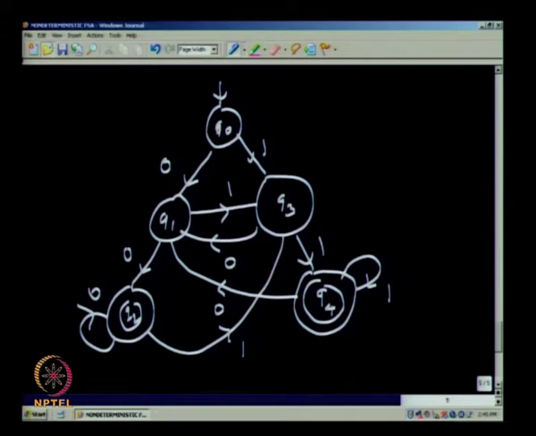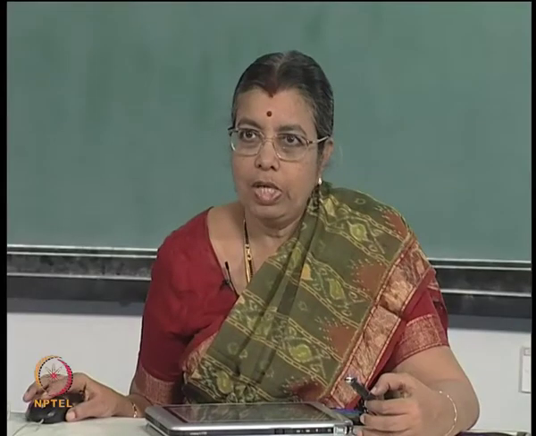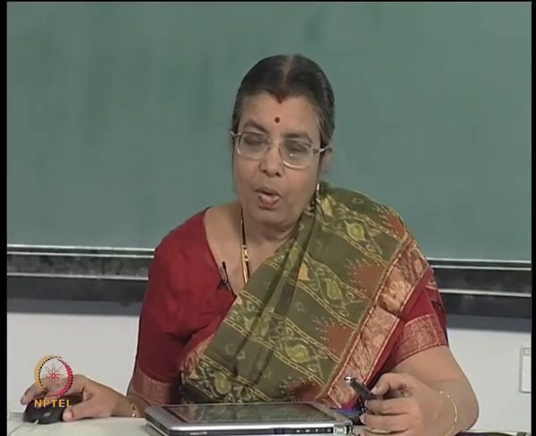So, starting from here, if you get 2 1s, it will be accepted, any number of 1s also can be accepted. If you get a 0, you go back here, but one more 0 you can accept. So, anything ending with 2 zeros or 2 1s will be accepted. So, this is a deterministic automaton which will accept the same language.